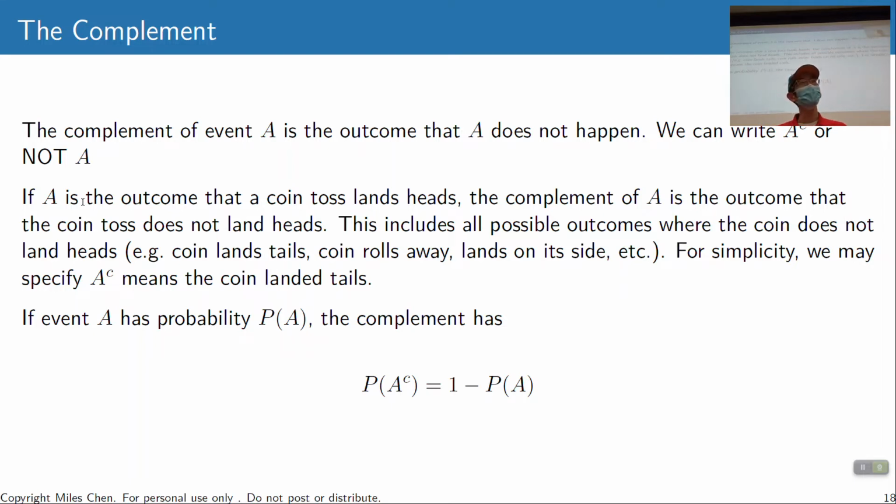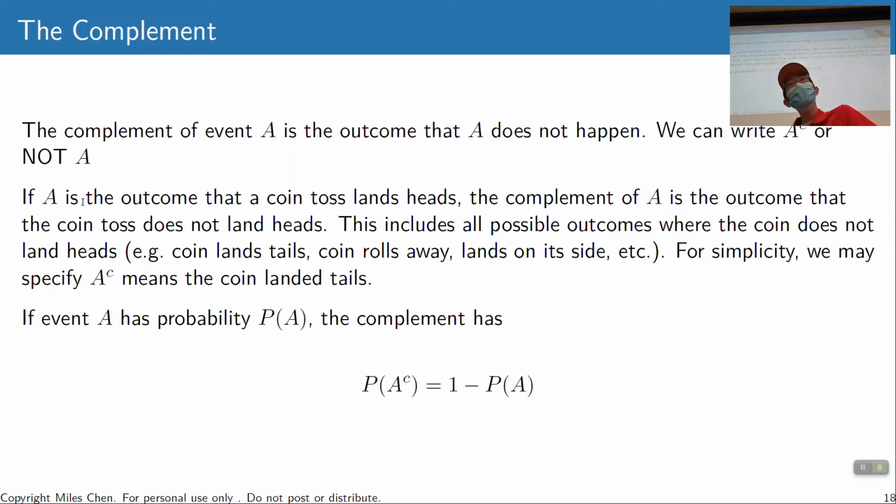So in other textbooks that are maybe a little bit more universal, you might just have a C, you might even have a prime, okay? If A is the outcome that a toss lands heads, then the complement of A is the outcome where the coin toss does not land heads, okay?